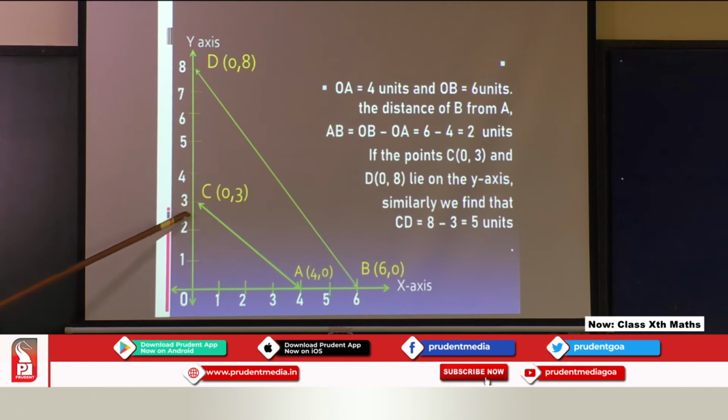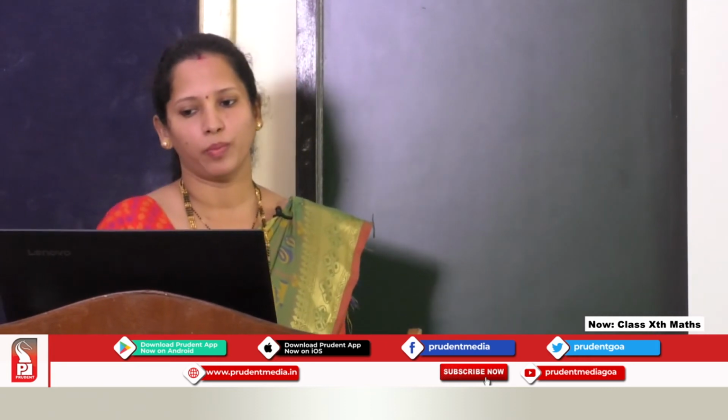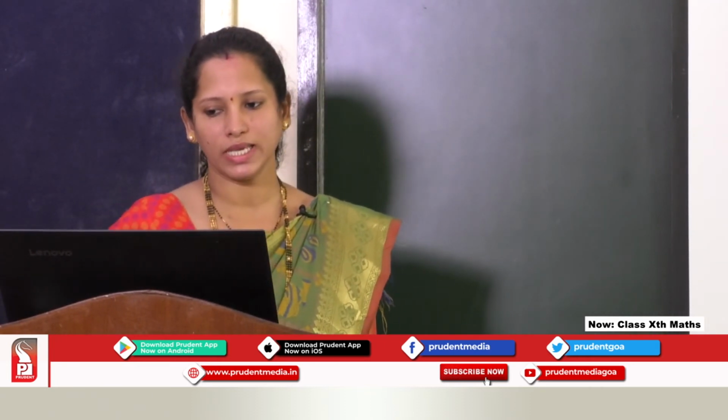If you want to find the distance AC, what you have to do? Here also this is a right angle triangle, so we have to use the Pythagoras theorem. So here AC square is equal to OC square plus OA square. So AC is equal to square root of OA square plus OC square.